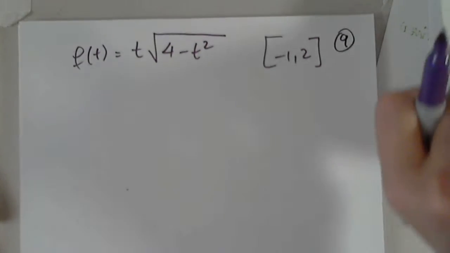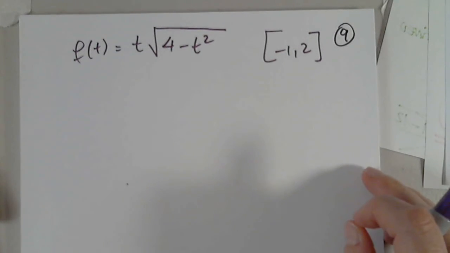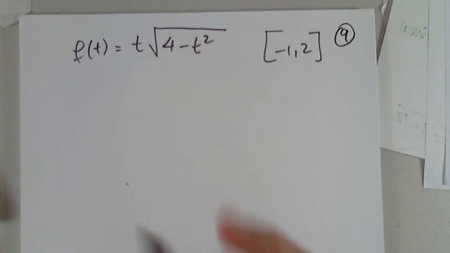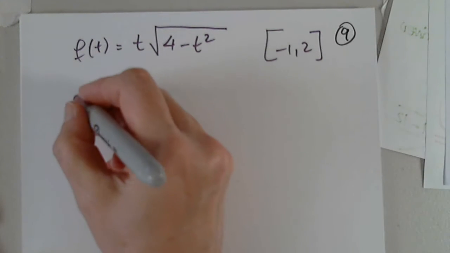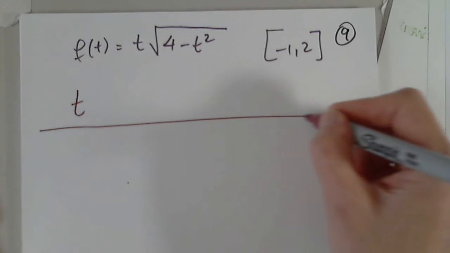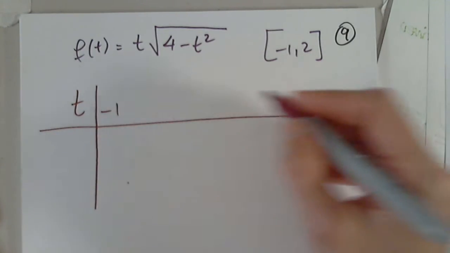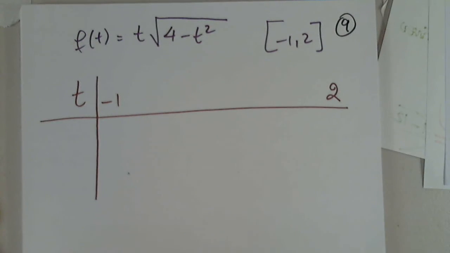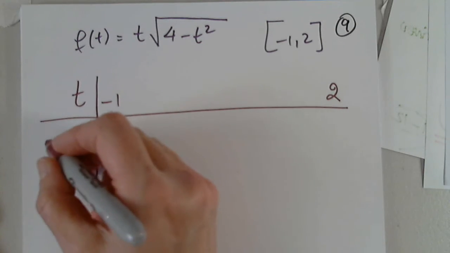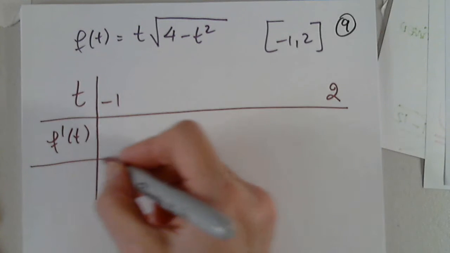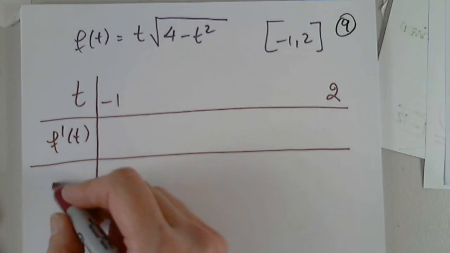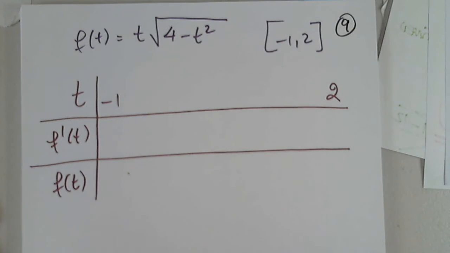I strongly recommend you start getting used to the table that I'm going to use because it's extremely helpful. I do not take credit for it. It's not my own. Okay, so t, these are the values of the variable, only between -1 and 2. Then we're going to look at f prime of t, and then the next row will be f of t.